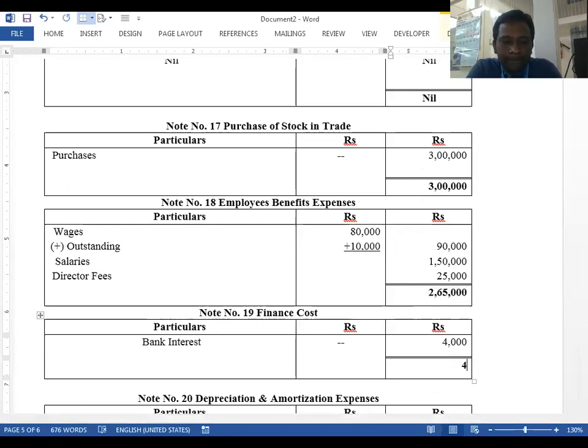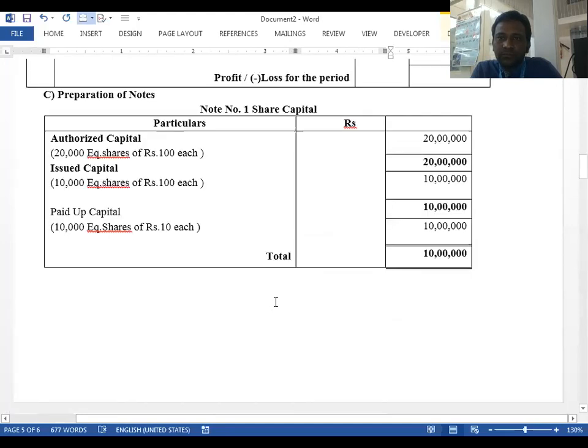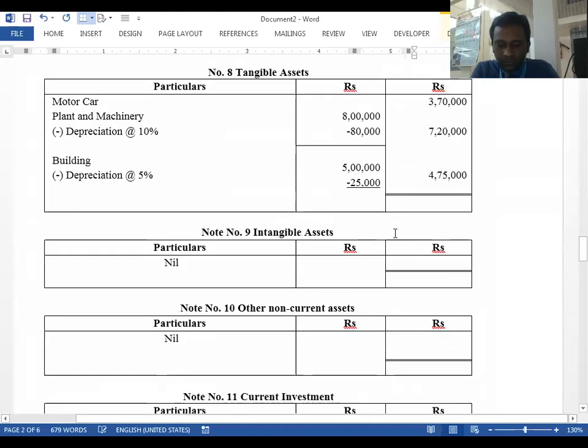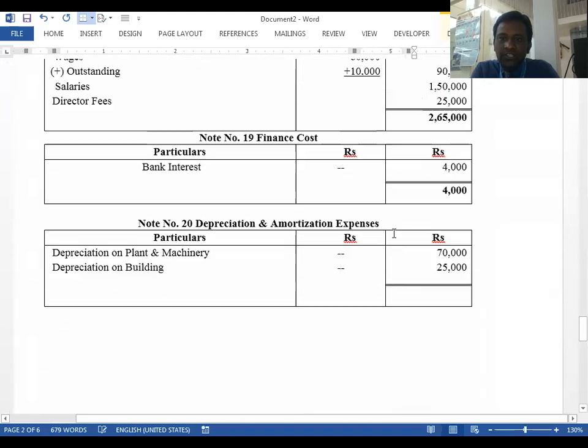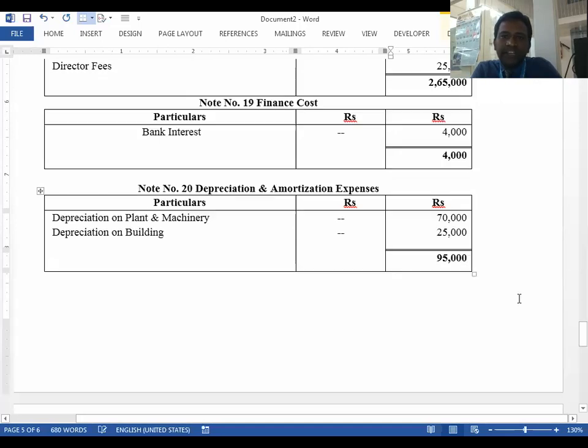Similarly, finance cost of rupees 4,000. Then depreciation and amortization, 70,000 plus 25,000, 95,000.